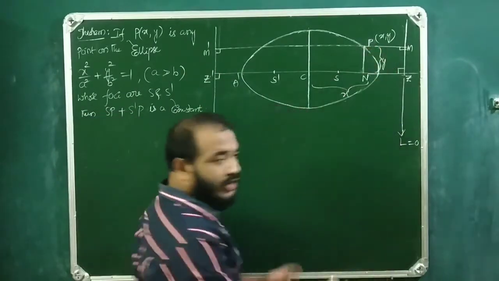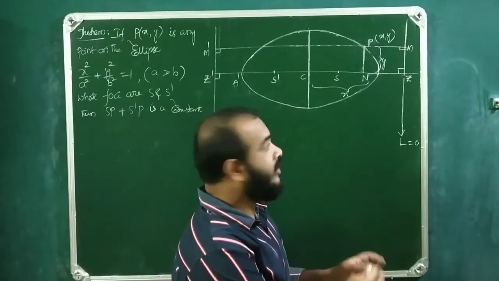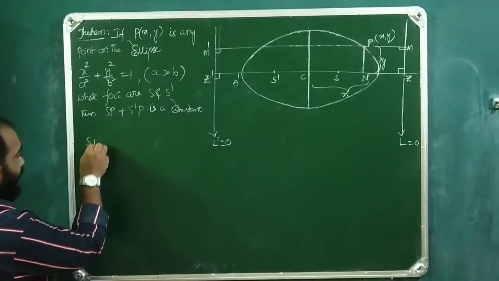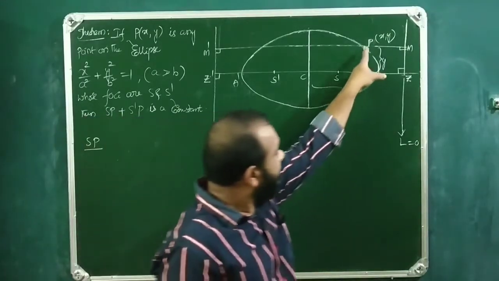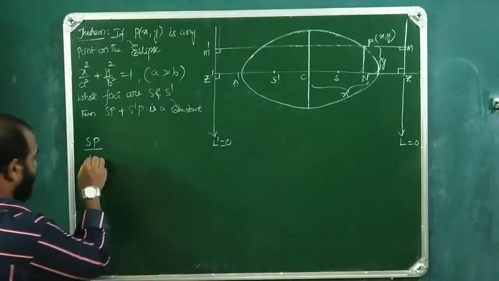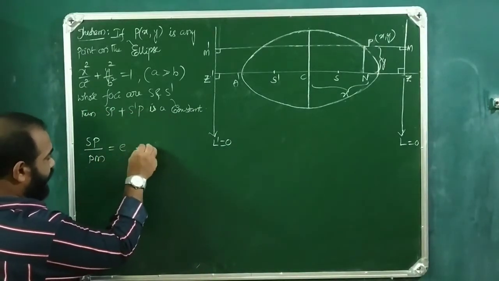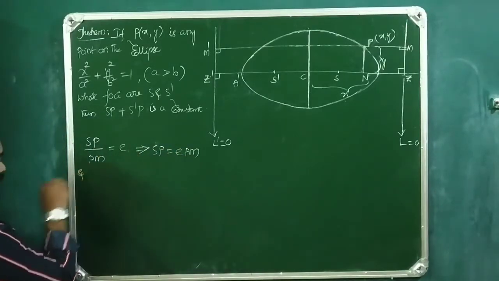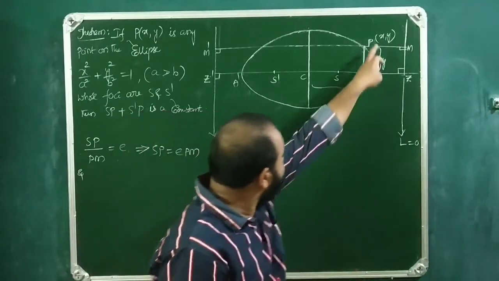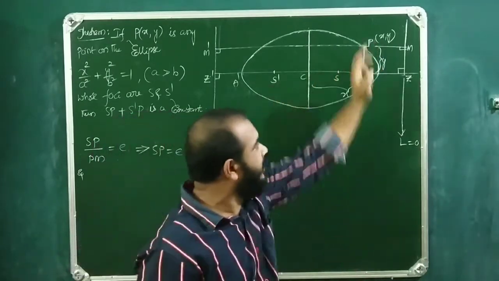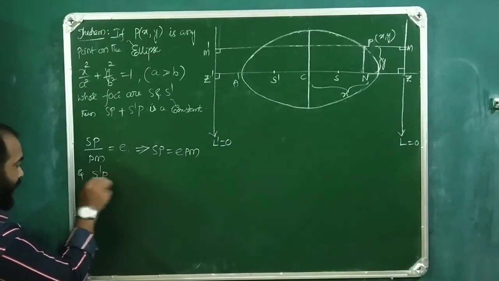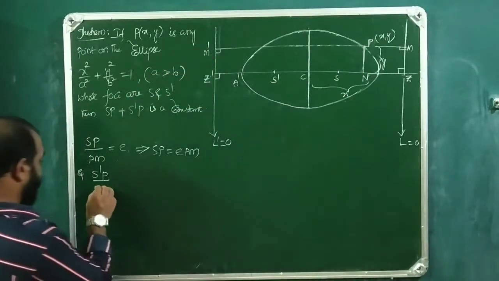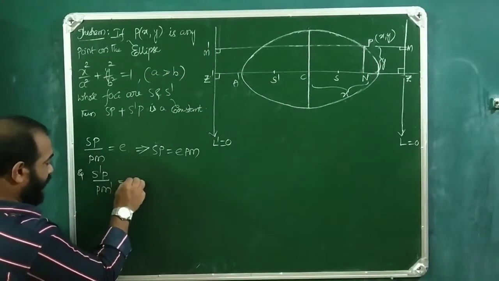Since P is a point on the conic, we can apply the definition of a conic. Its distance from a fixed point, SP, by its distance from a fixed line, PM, is equal to e. From this, SP equals e PM. And also its distance from the focus S dash, S dash P, by its distance from the directrix, PM dash, is equal to e.